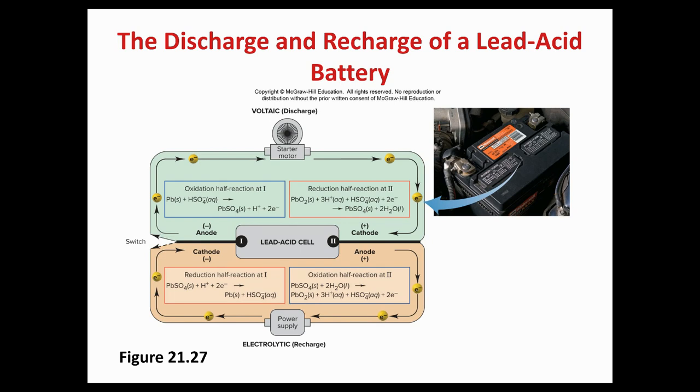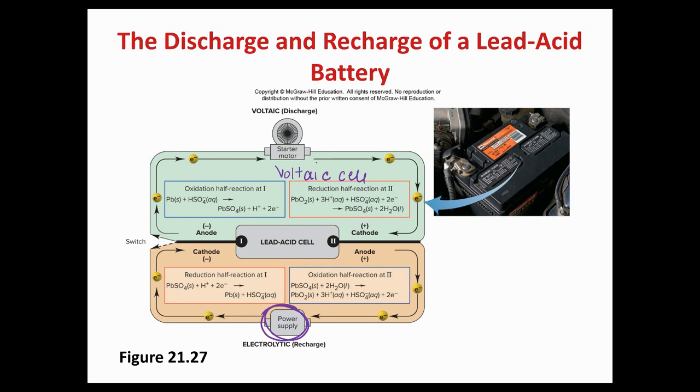The flow normally goes from the anode being negative to the cathode. So this is your voltaic cell. But if you want to recharge the battery, you have to provide a power supply of energy to force the reverse reaction to happen. It is an important thing, because in real life, we try to recharge a lot of our batteries.